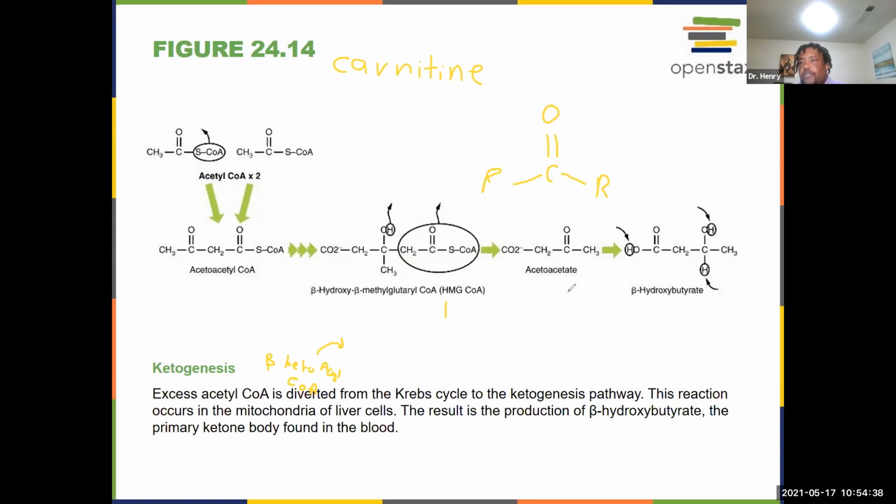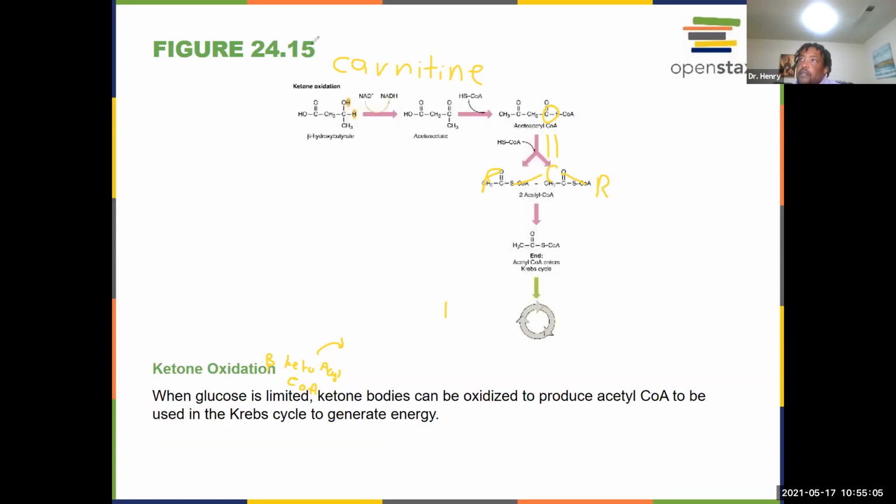And then that acetoacetate is going to go through conformational changes and the addition, or the hydrolysis, to add on your OH molecules to make your beta-hydroxybutyrate. Beta-hydroxybutyrate is then going to be utilized to make some more NADH, some more energy.